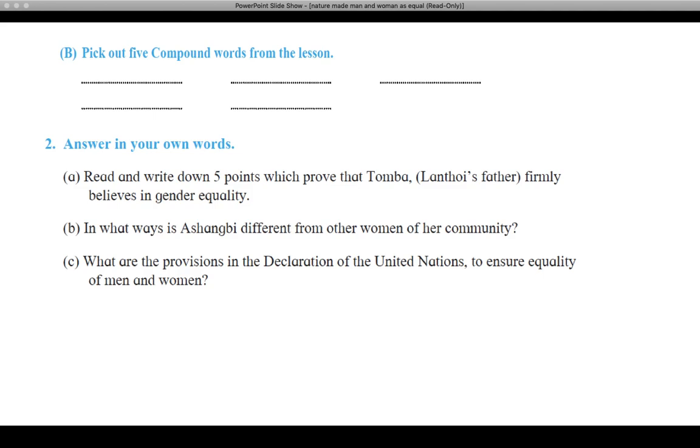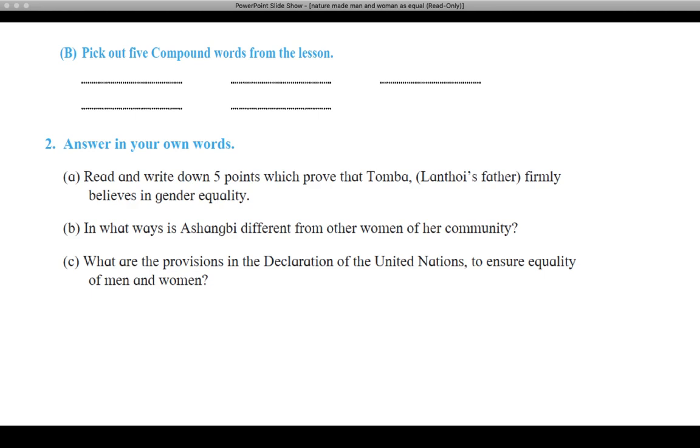I'm giving you 2 examples: crystal clear and wholeheartedly. Whole and heart, two different words but put together. Crystal clear, two words put together. There are many other examples, children. Blackboard, raincoat, teapot, all these are examples of compound words.